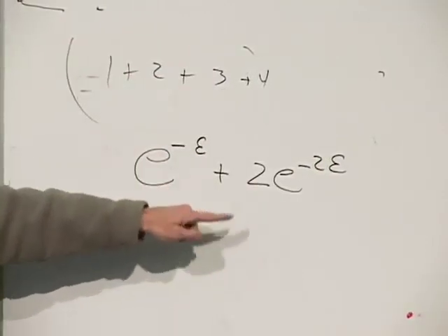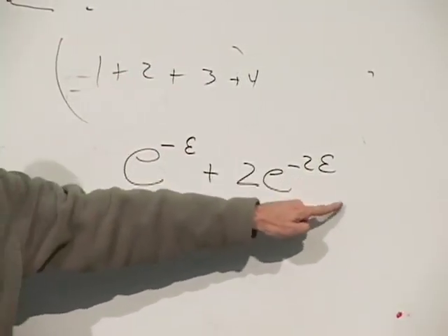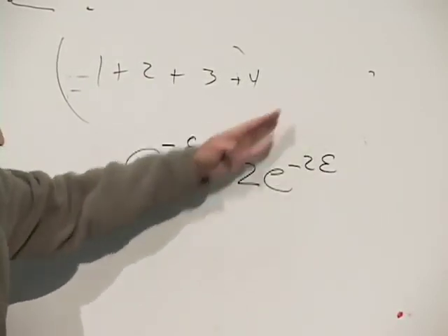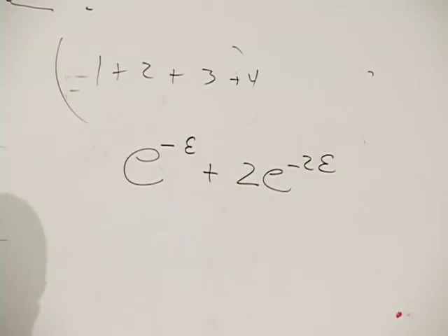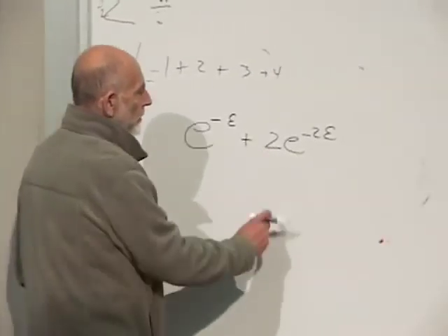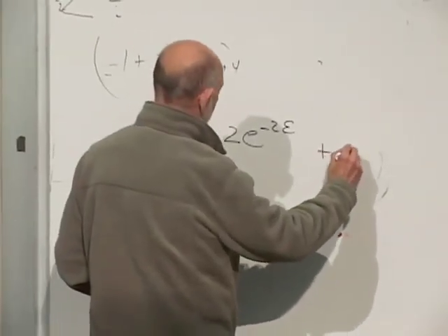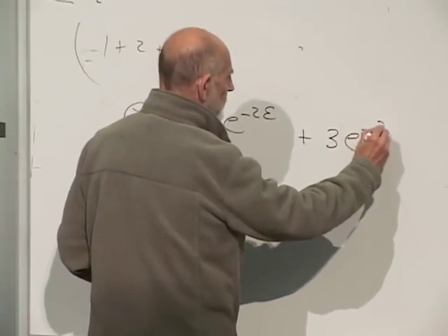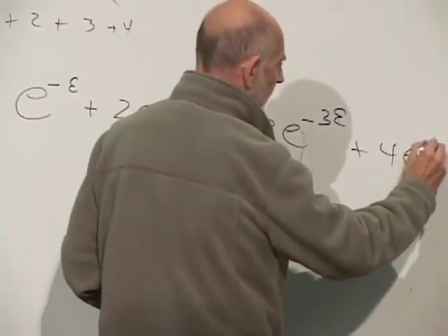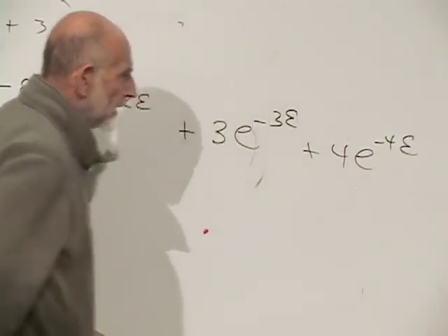Each term in it, we're going to put in something which gets smaller and smaller, but when epsilon goes to 0, it'll just give us back the original sum. So epsilon is going to go to 0. Let's leave it this way. 1 plus 2 epsilon, what's the next one? 3 e to the minus 3 epsilon plus 4 e to the minus 4 epsilon.